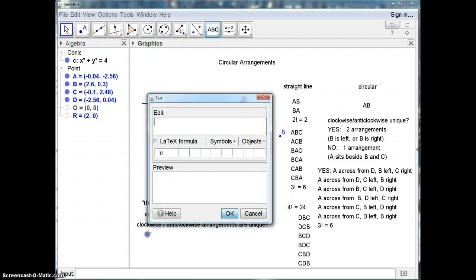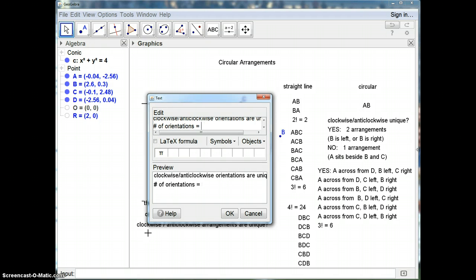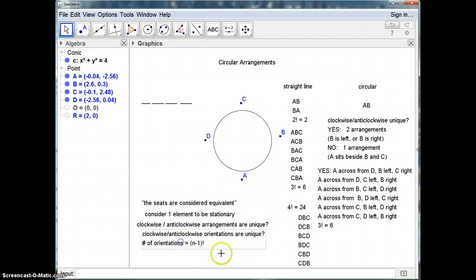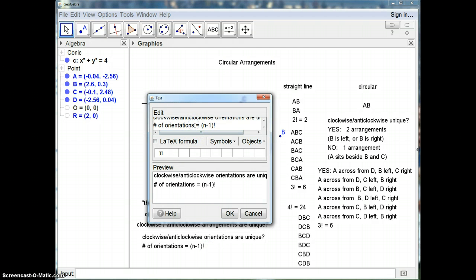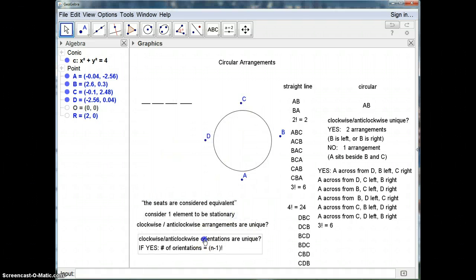So what we know now is that if the clockwise and anti-clockwise orientations are unique, then the number of orientations equals n minus 1 factorial.